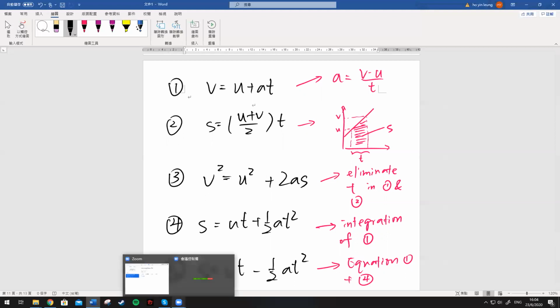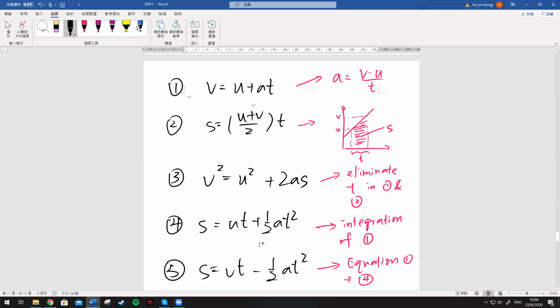Yes, this one doesn't have acceleration. For example, we can use number 4 here. You have s, you have u, you have t, so you can find a as well from number 4.